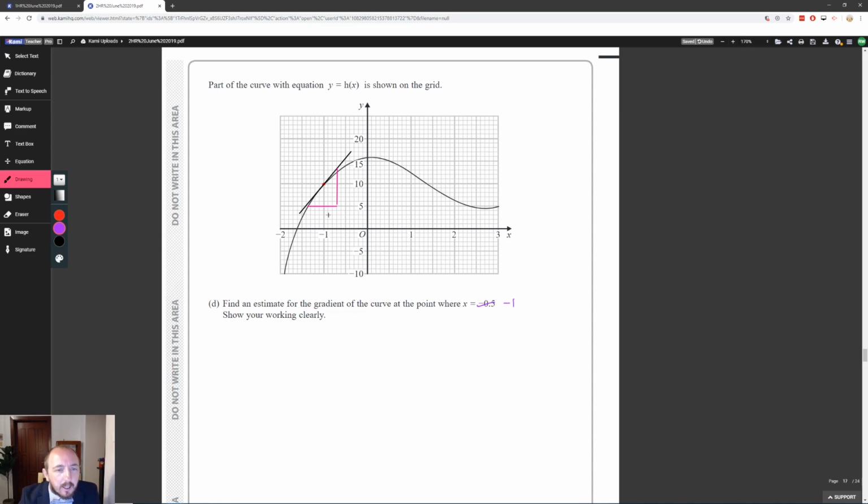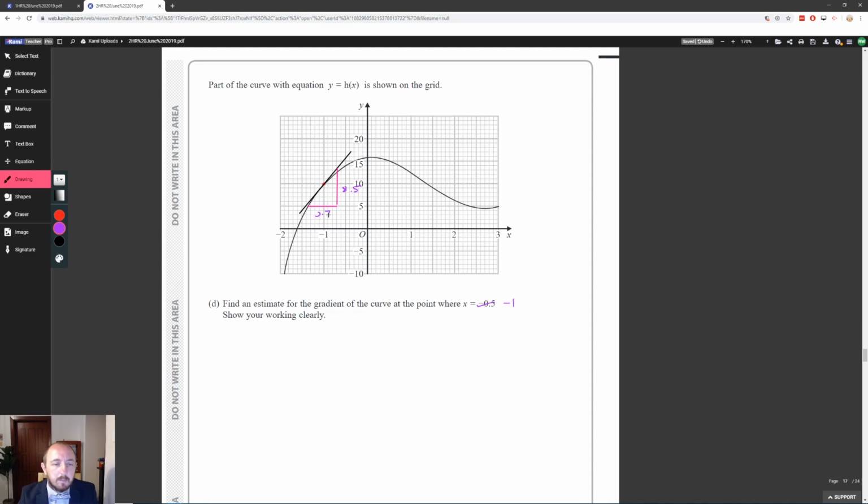So we've got 1, 2, 3, 4, 5, 6, 7, so 0.7 along the bottom here, and then each of these is worth 1. So 1, 2, 3, 4, 5, 6, 7, 8.5 roughly. 8.5 up, 0.7 across the bottom.